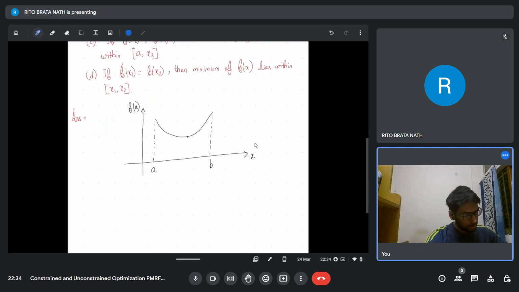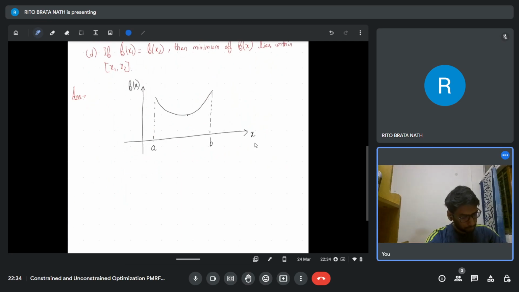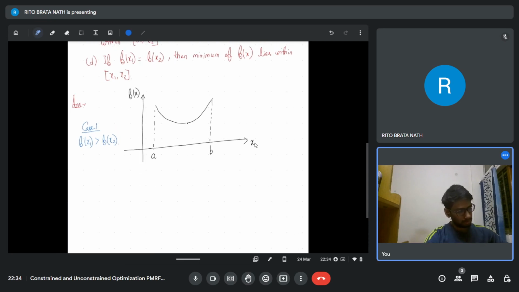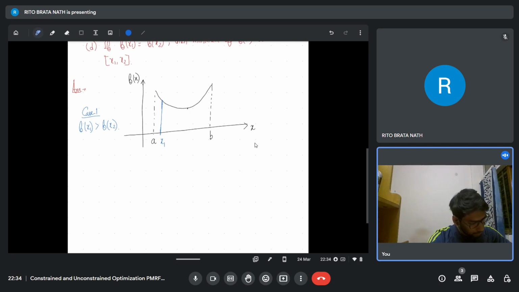So let me first say case 1, f(x1) is greater than f(x2). What you can do is take x1 to be somewhere here, suppose, and x2 to be probably somewhere here.